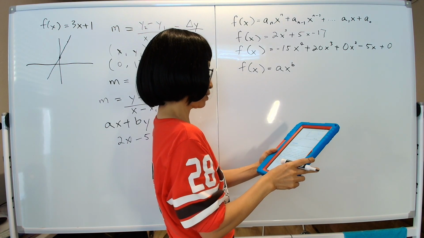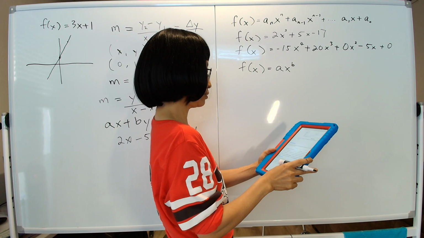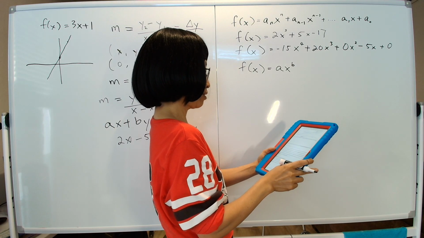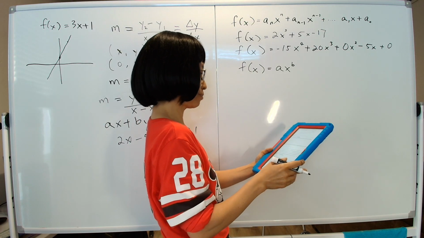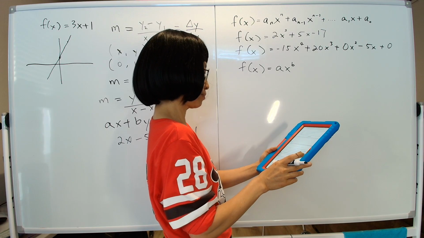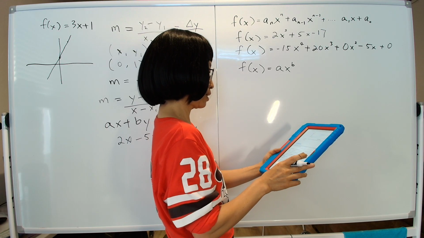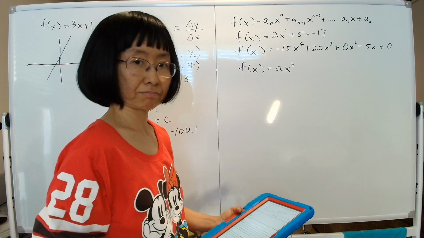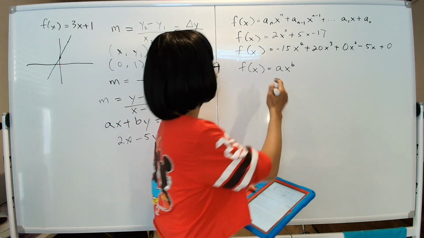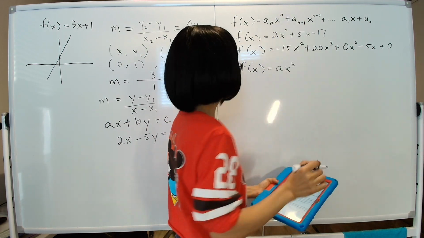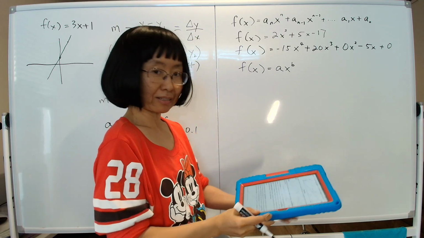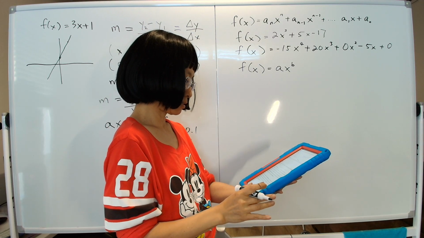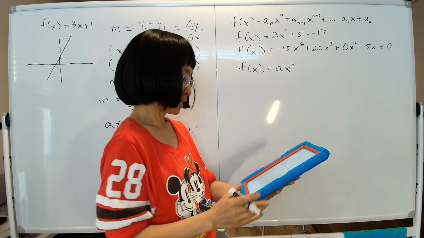So a power function is just something that has just one of these terms, okay? And the fact that it's called a power function is not that interesting to me.